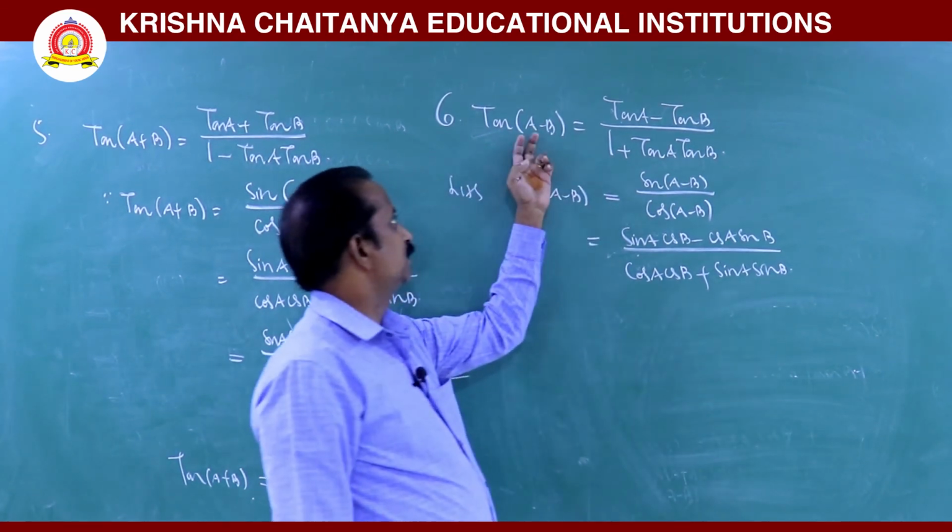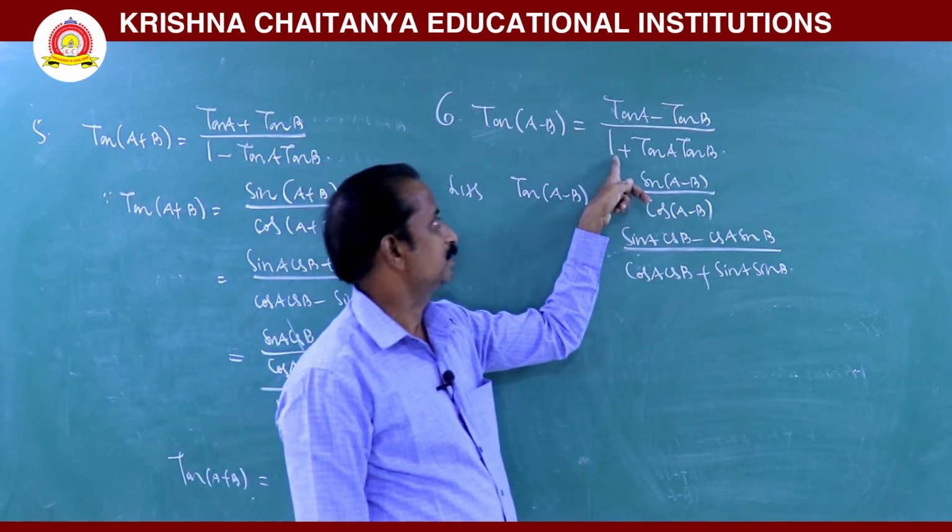Now, in the basic of tan of A minus B, the denominator's first term is 1.